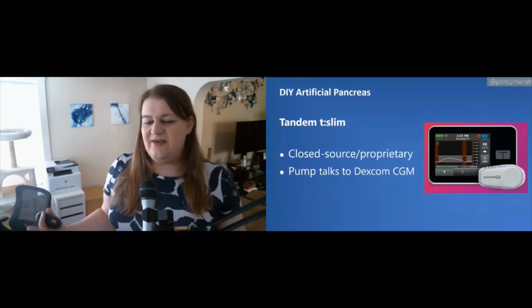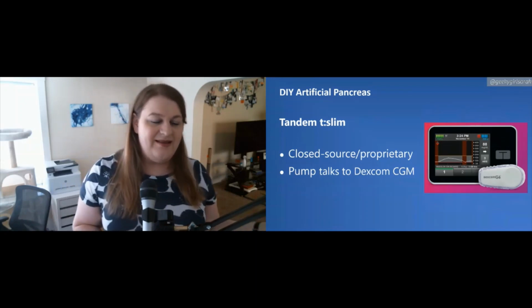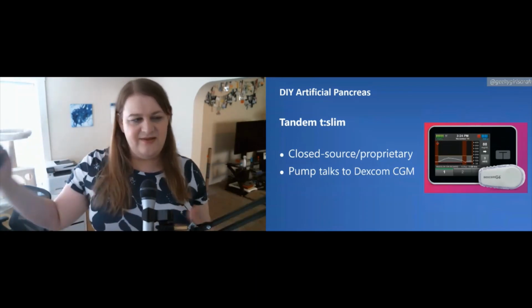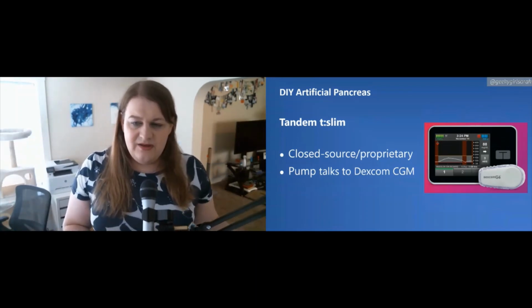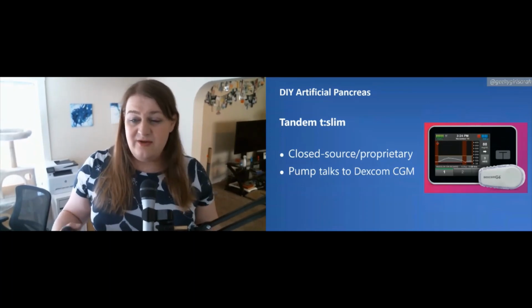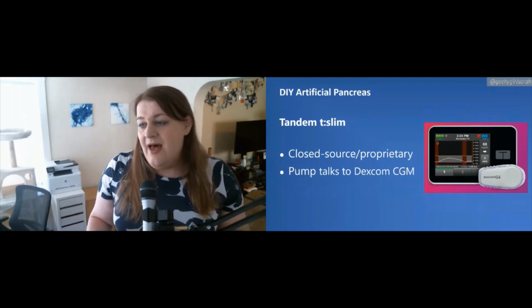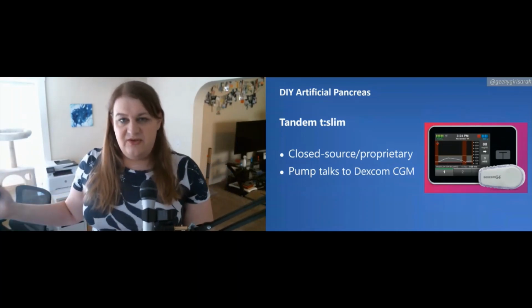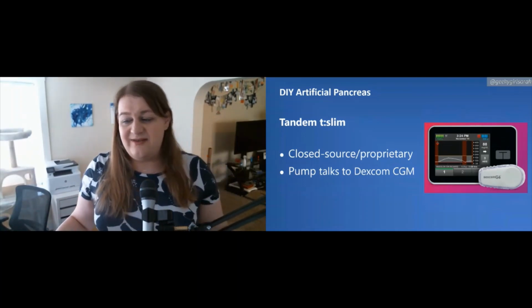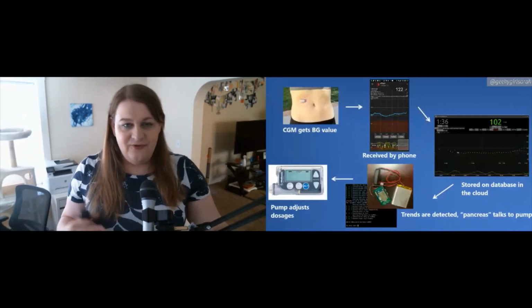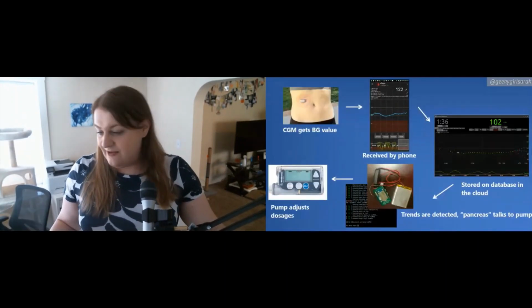And the whole process is often called looping, and the reason it's called that is because you start to see this loop. Your continuous glucose monitor gets your blood glucose value. It sends that to a receiver, in this case my phone. My phone then uploads it to another open source project called Night Scout, and Night Scout's running on a free Heroku instance in the cloud.